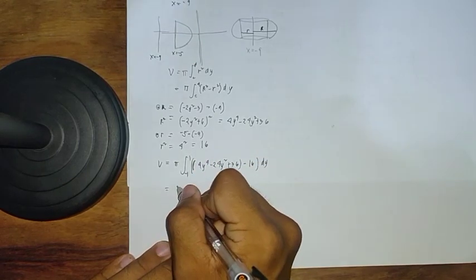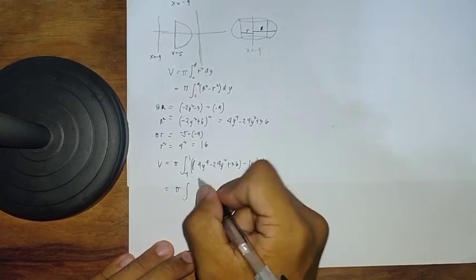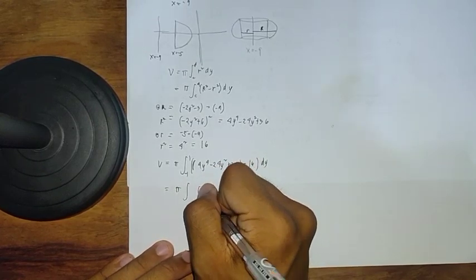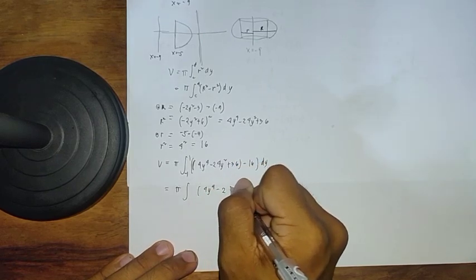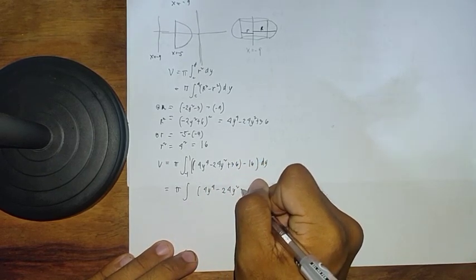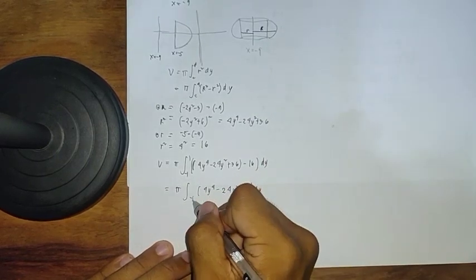So, volume is equals to pi times the integral of, simplify po natin to, magiging 4y raised to 4 minus 24y squared plus 20 dy from negative 1 to 1.